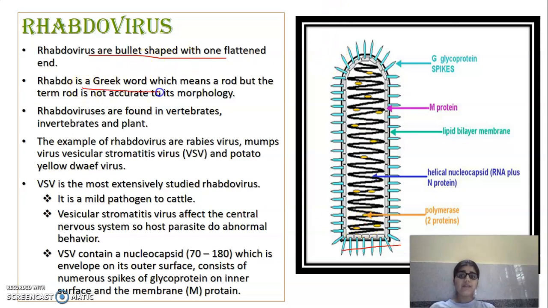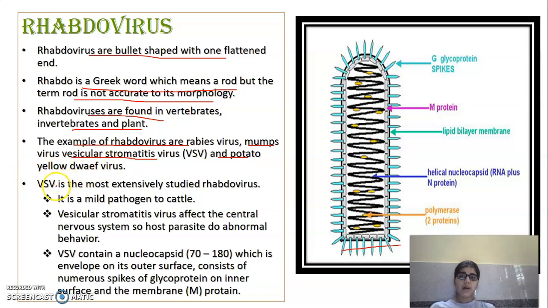Rhabdo is a Greek word which means a rod, but the term rod is not accurate to its morphology. Rhabdoviruses are found in vertebrates, invertebrates, and plants. Examples of rhabdovirus are rabies virus, mumps virus, vesicular stomatitis virus, and potato yellow dwarf virus.